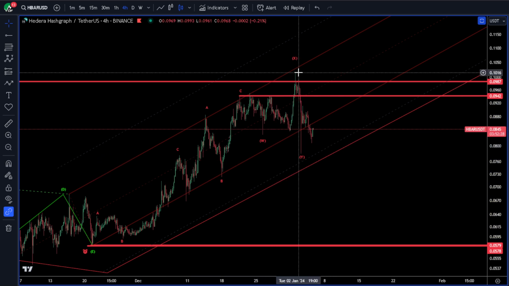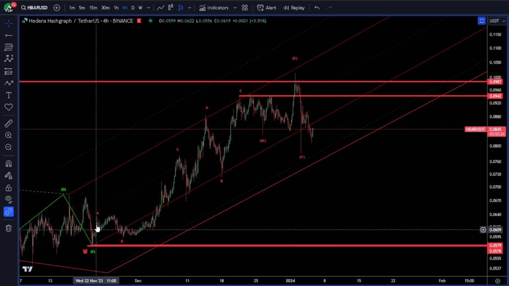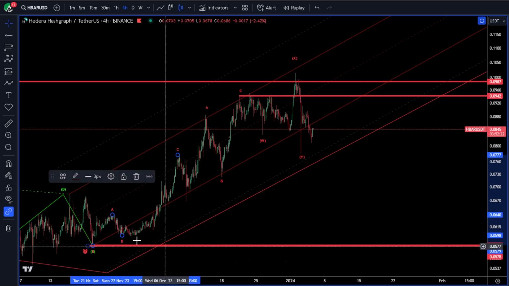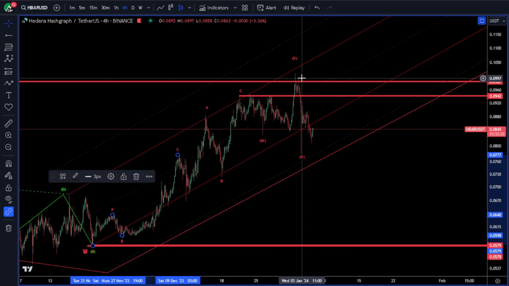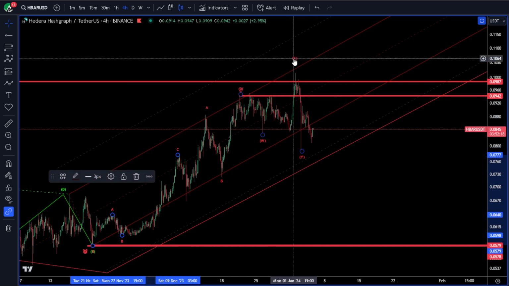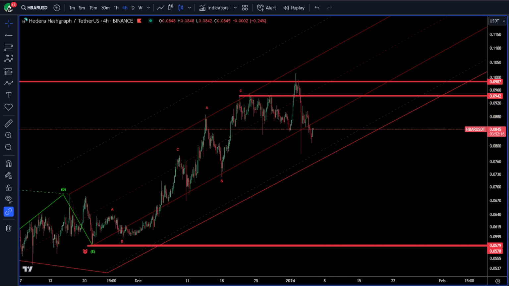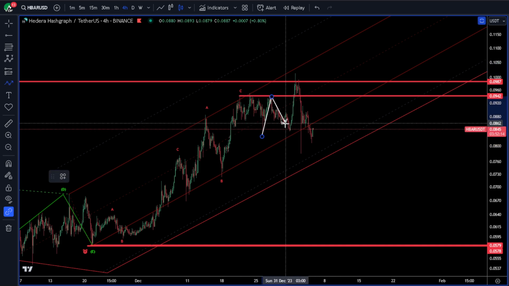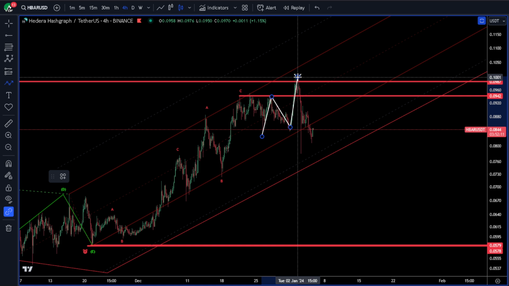And this is a 3-wave here as well. So we could get, if you move this AB over here and this becomes zigzag, we could actually get a triple zigzag here. Just because this is a 3-wave too as an ABC.